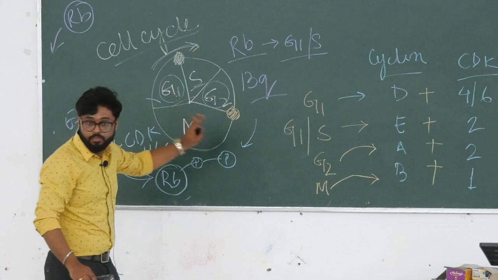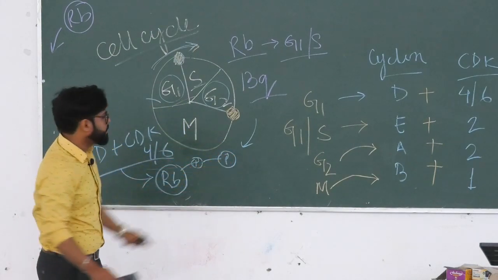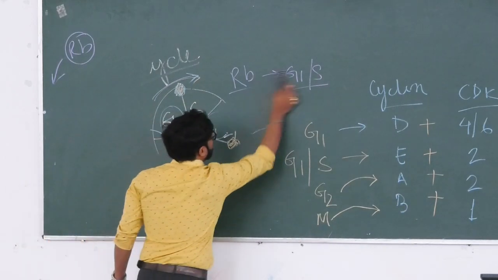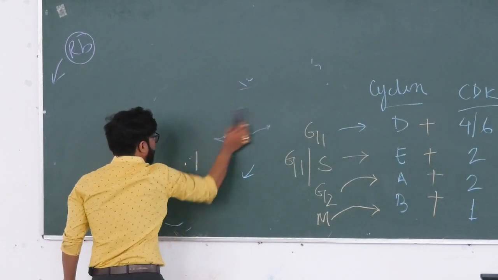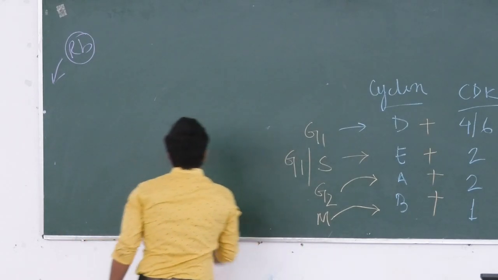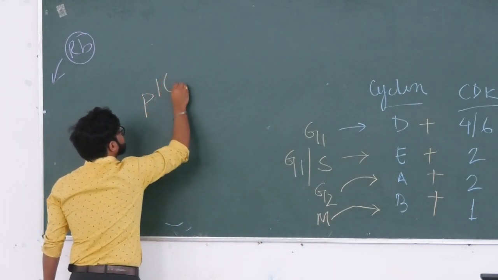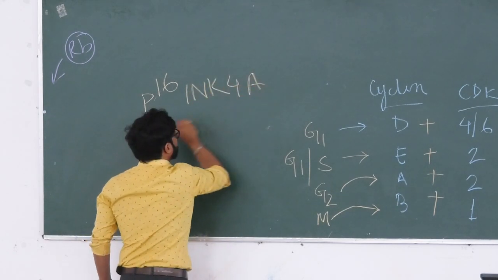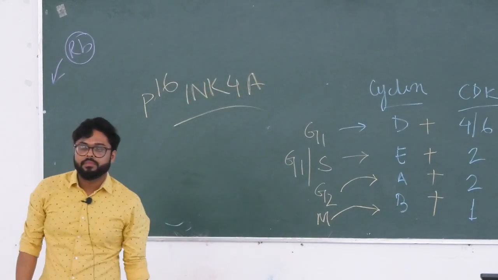Is the problem clear? This retinoblastoma gene is tightly controlled by p16 and INK4A.